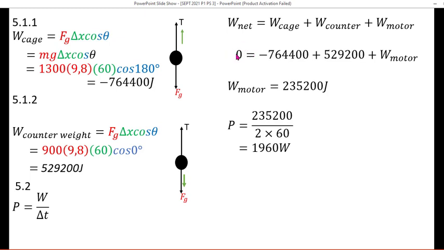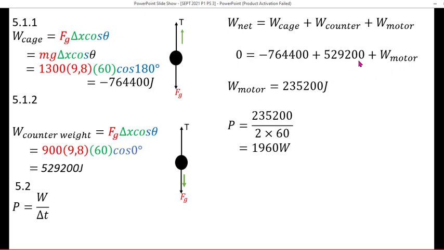So we substitute that, and then work done by the cage is what we found in 5.1.1. We substitute that one, plus work done by the counterweight is what we found in 5.1.2, plus work done by the motor, which is the only unknown variable.